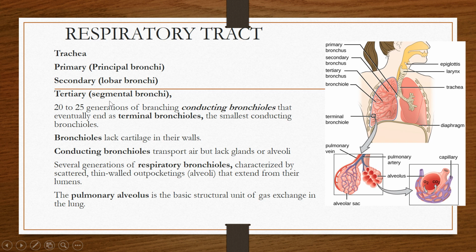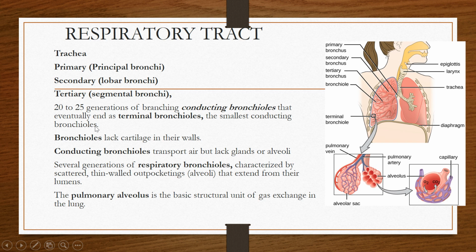Now, these tertiary bronchi or the segmental bronchi will divide again and again. They will divide up to 20 to 25 generations of branching conducting bronchioles. Now, the tertiary bronchi will convert into bronchioles that eventually end as a terminal bronchiole, which is the smallest conducting bronchiole.